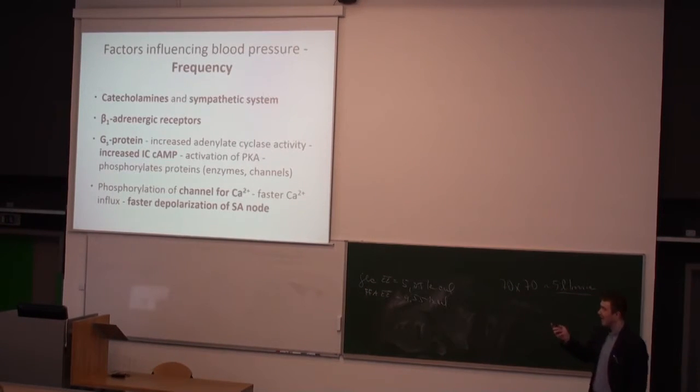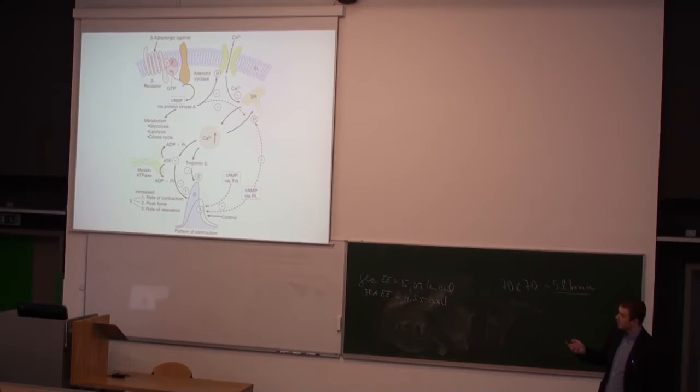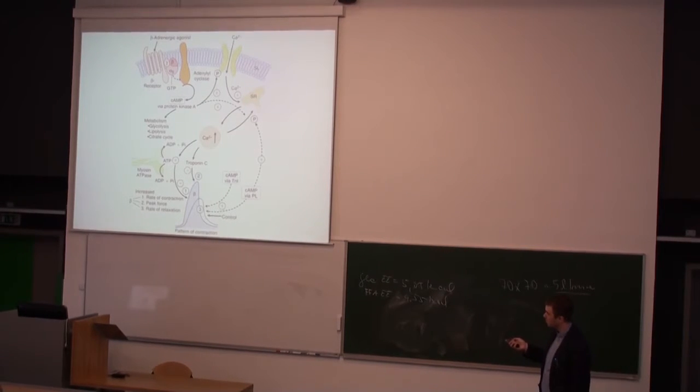Here on this picture, protein kinase A, as you see here, is the place where you will spread the signal to many places. So here is, for example, the metabolic effect, and here is the effect leading to the phosphorylation of the calcium channels, increasing the amount of calcium and therefore increasing the rate of generation of impulses.